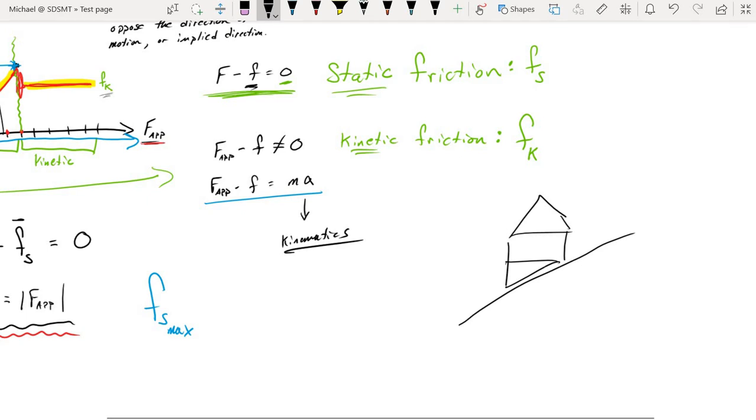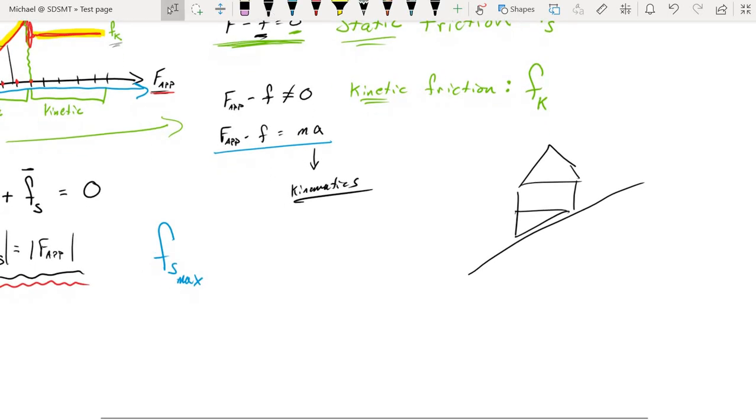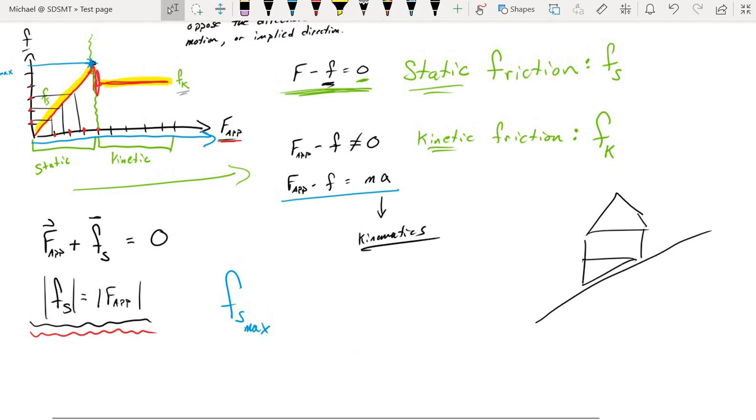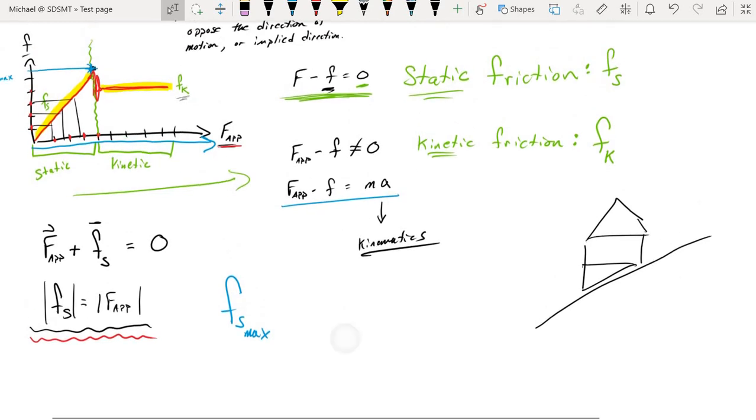Well, in that case, you probably don't want to be running some kind of experiment to see how much it takes to get the house to slide down the hill, because then you're going to destroy the house. Instead, we'd rather have some other approach to measuring these systems.